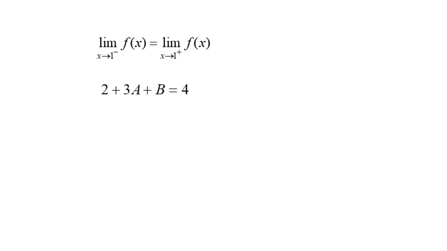Later we will form a second equation over here. Remember previously at x equals -1 we have the first equation, and now at x equals 1 we have the second equation. We will solve these two equations in order to find the values of A and B.